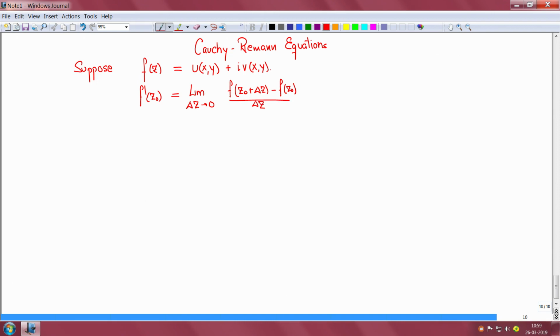Now say z0 is given by x0 plus i y0, and delta z is given by delta x plus i delta y. So now we expand this expression in terms of u x y and v x y.